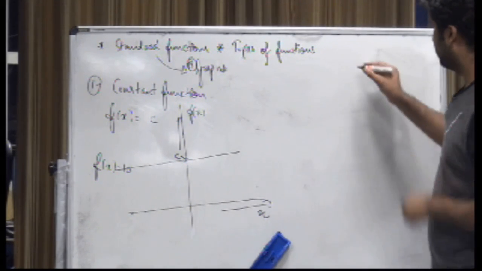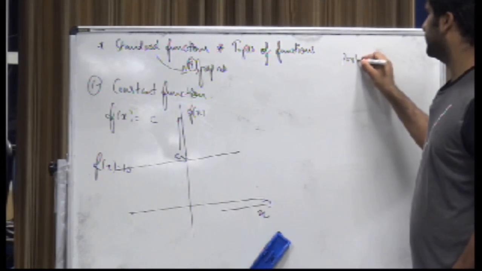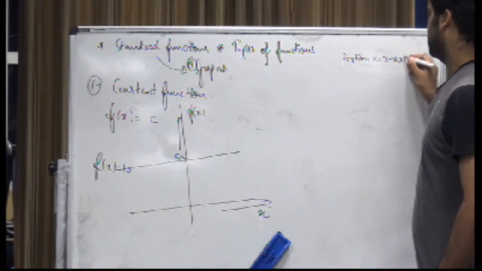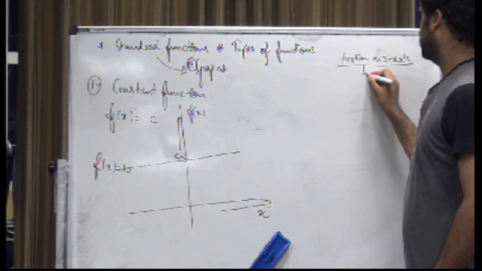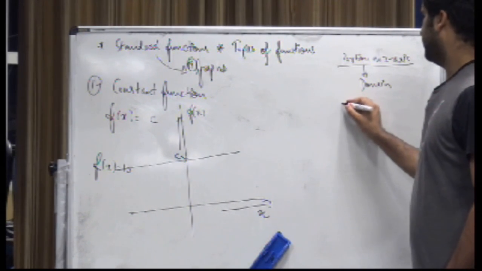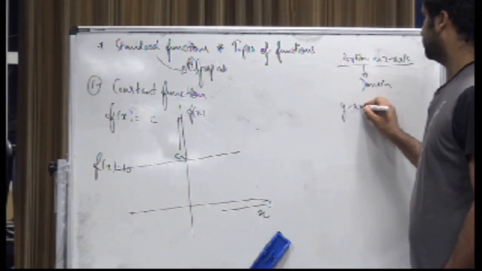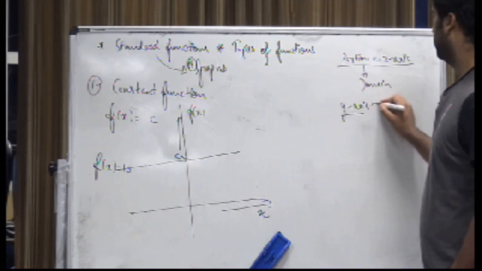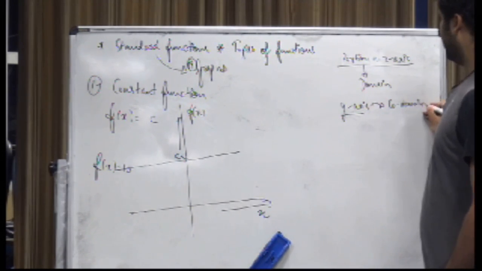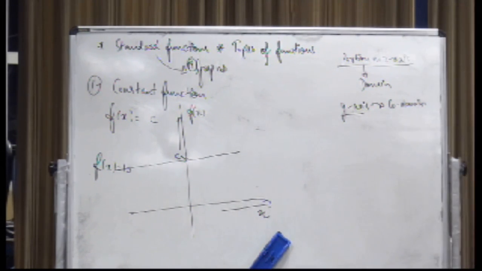So the portion on the x-axis is called the domain, and the y-axis is called the codomain. But there is also one more thing, range. So can you tell me what is range?